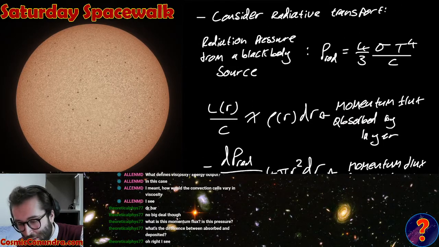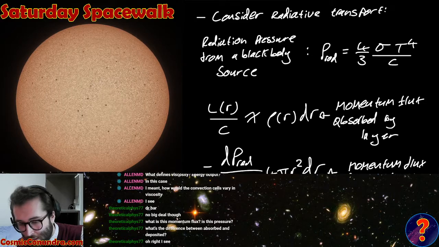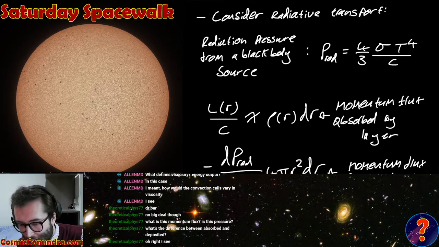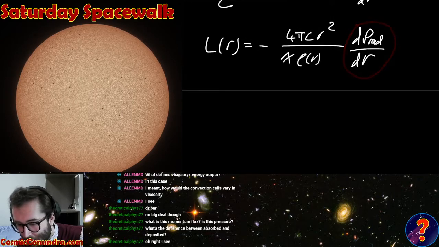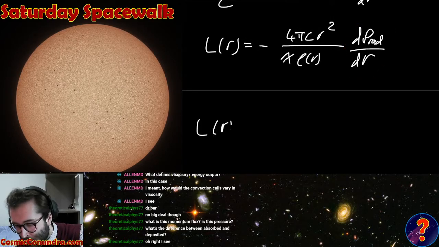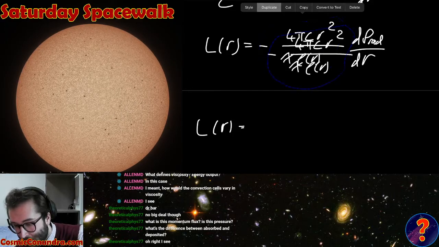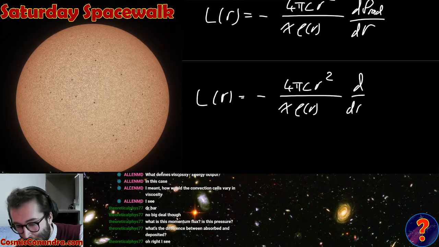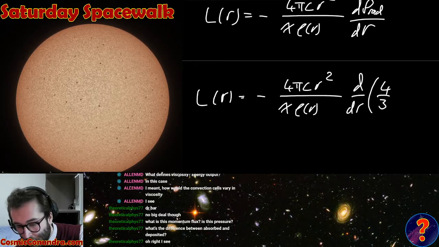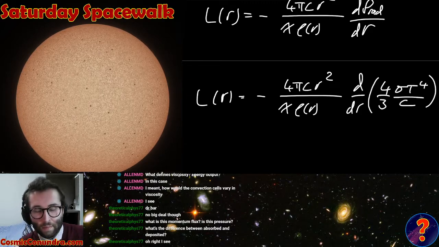So we're taking our expression for the radiation pressure, 4/3 sigma T to the 4th over c, and now we're putting it into our expression here. So now L_r will have this same prefactor, but now we're differentiating 4/3 sigma T to the 4th over c. Okay.